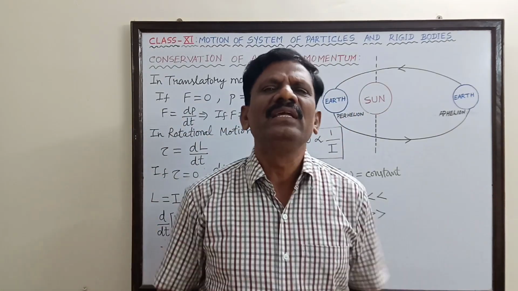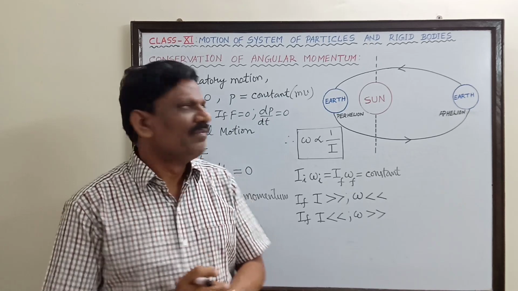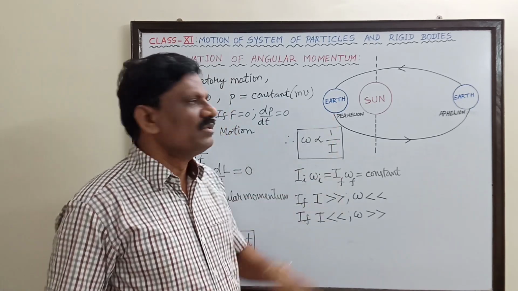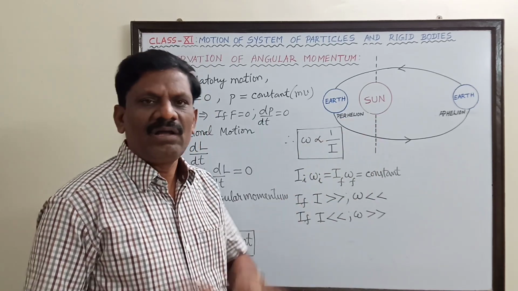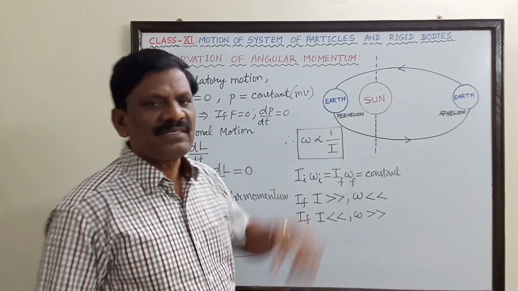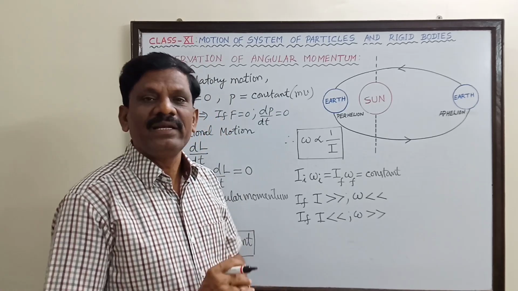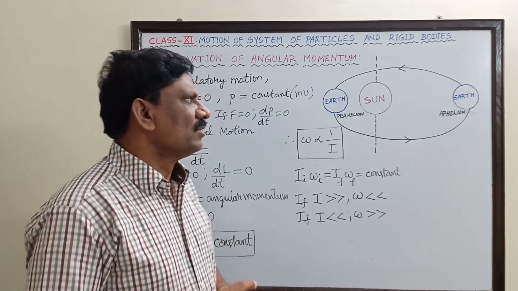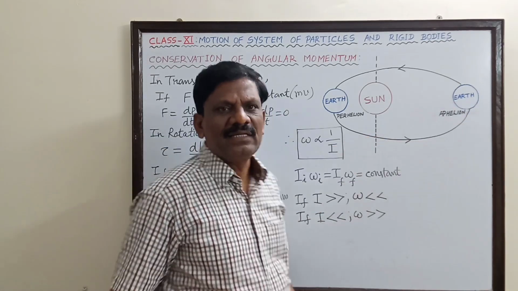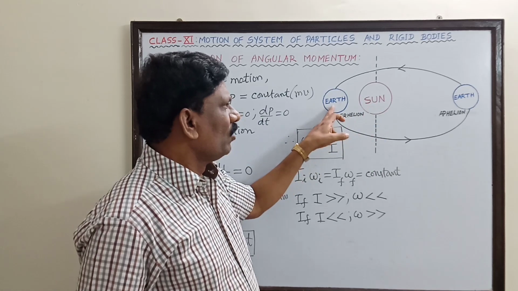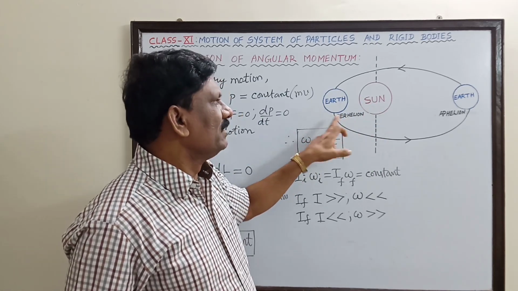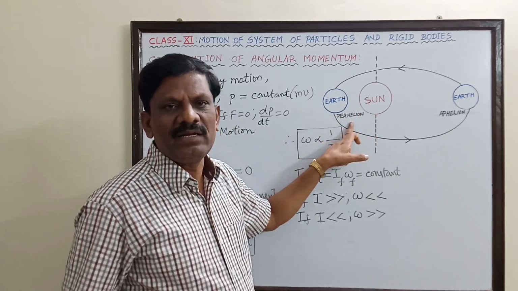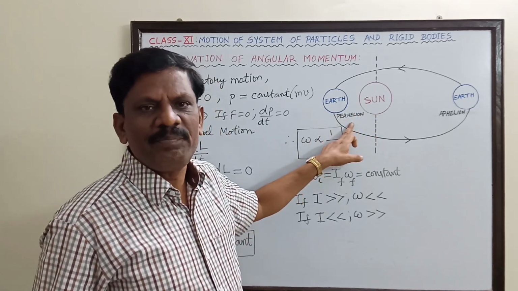There are so many interesting examples from which we can understand the conservation of angular momentum. The best one, children, is planetary motion. All planets revolve around the sun in our solar system in an elliptical path. Sometimes our earth comes very close to the sun, and this position of the earth when it is very close to the sun is called perihelion or perigee.